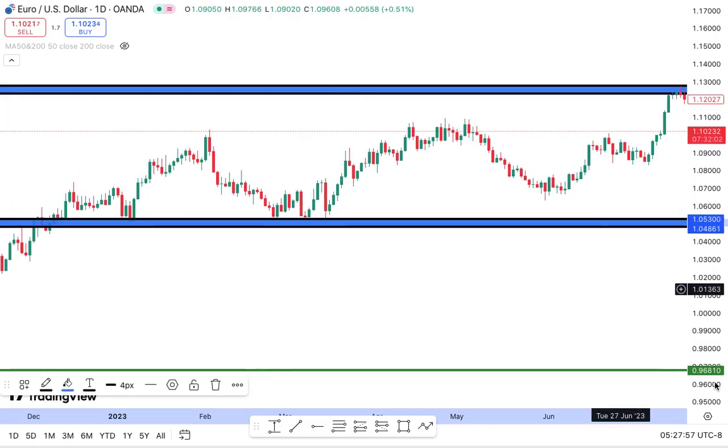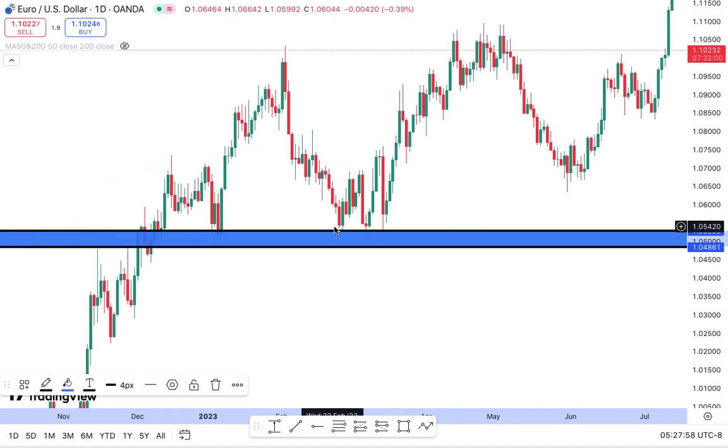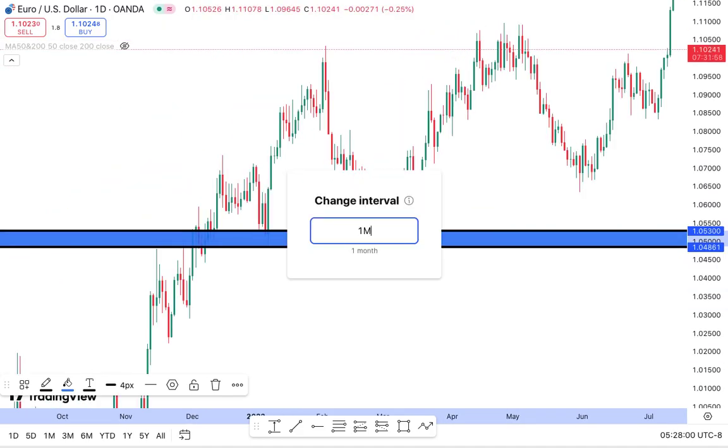This is the daily time frame. Let me take you through the monthly time frame again.